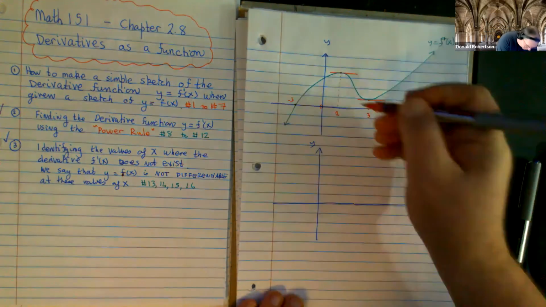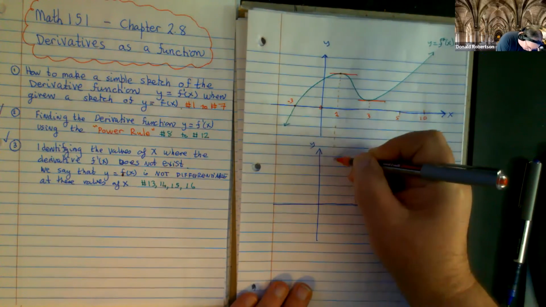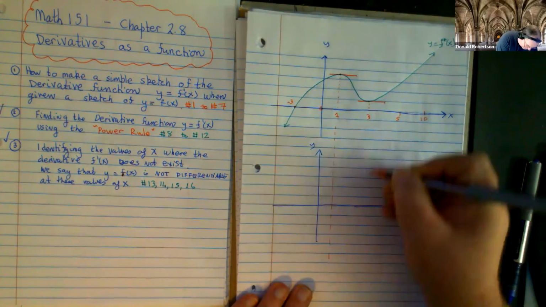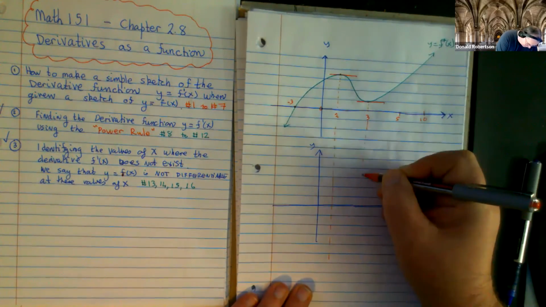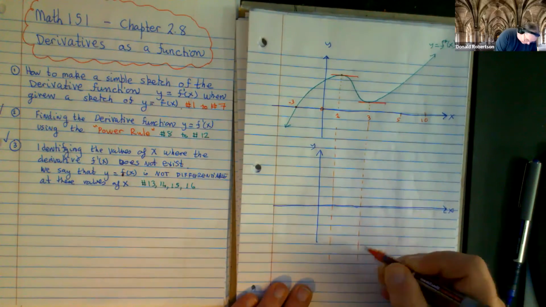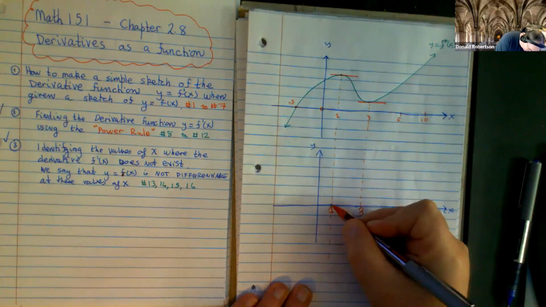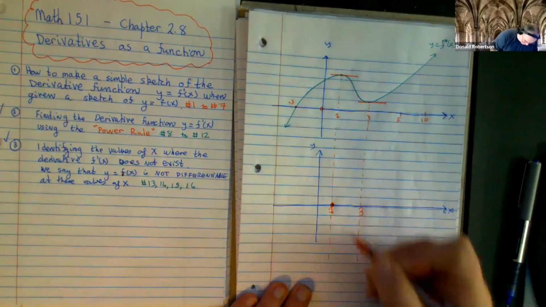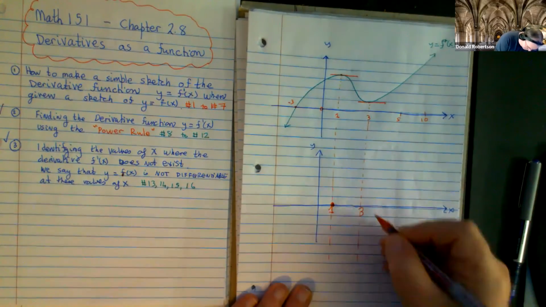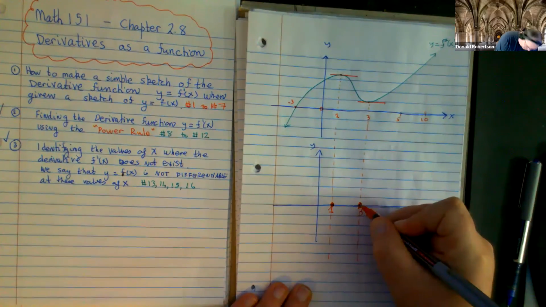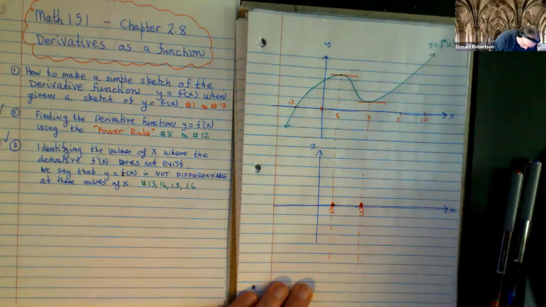Now, for those values of x, in this case at x equals 1, draw imaginary, very faint dotted lines that you could rub out at the end if you want to. And at this point here, the derivative is 0, so you put a dot. And at this point here, the derivative is 0, you put another dot.